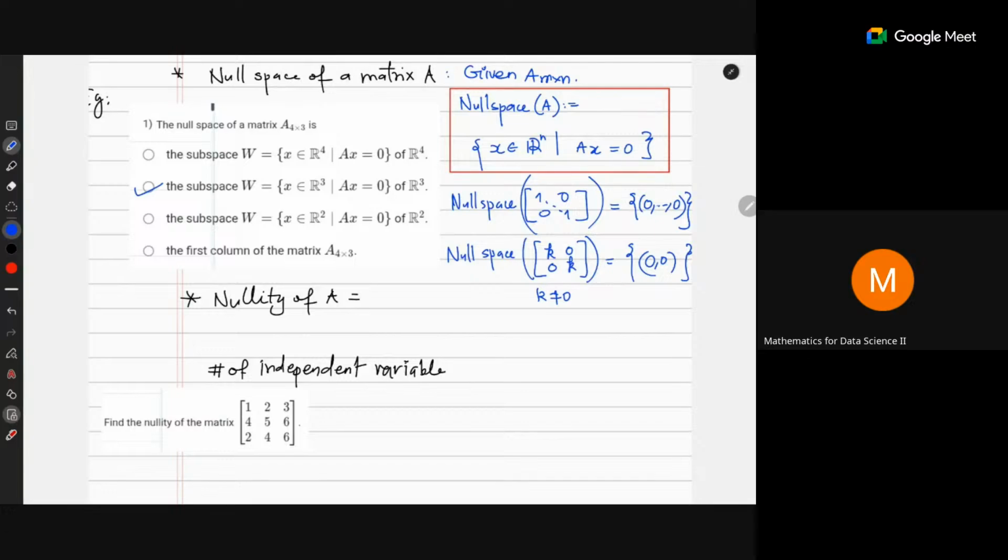The nullity of a matrix is defined to be the dimension of the null space of matrix A. In the examples of the identity matrix and the scalar matrix, the null space is just a single zero vector.